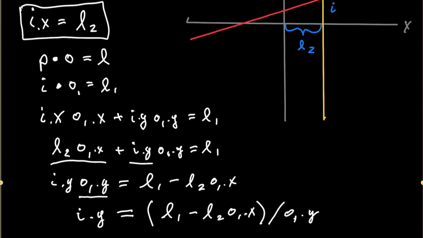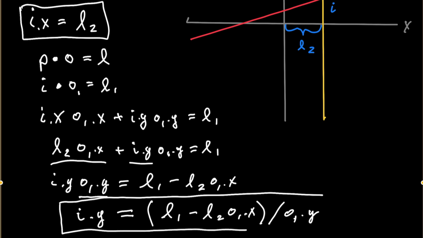Okay, so there's our solution. That gives us the y-coordinate of the intersection point.